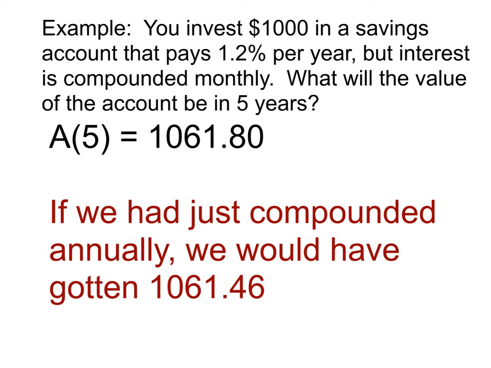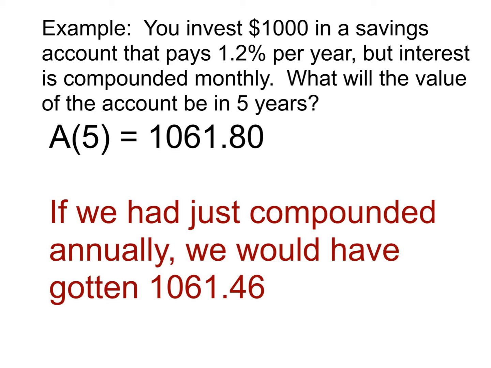So it's not a huge difference by compounding it monthly, but it did make a difference. So notice that by compounding more often, we actually ended up with more money in the account. So the more often that you compound the interest, the better it is for you, assuming that, of course, you are the one earning the interest.